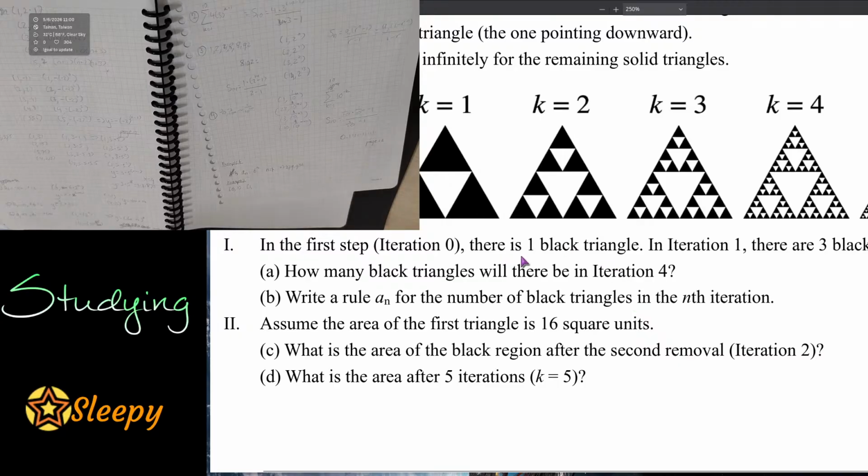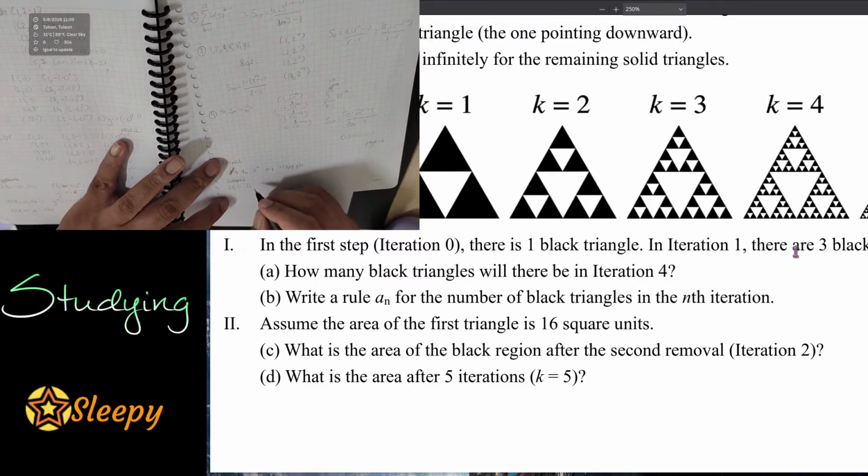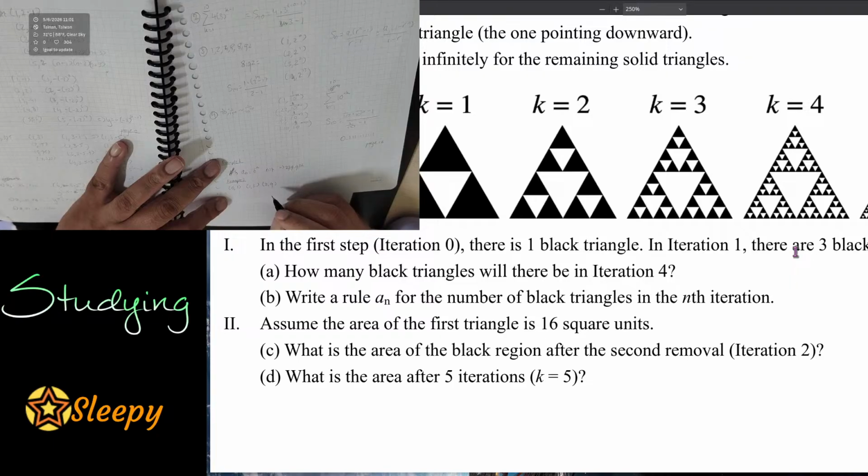Okay, the first step is 1 black triangle, then you get 3 black triangles. So 1, 3. 2 is 9. 3 is 27, no?